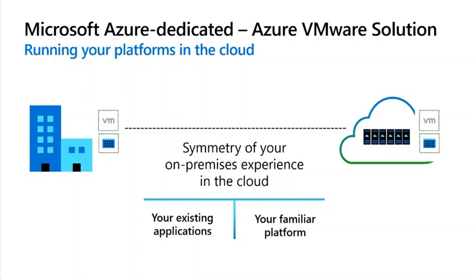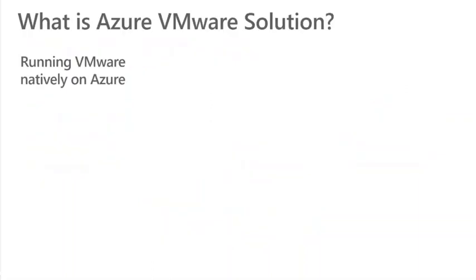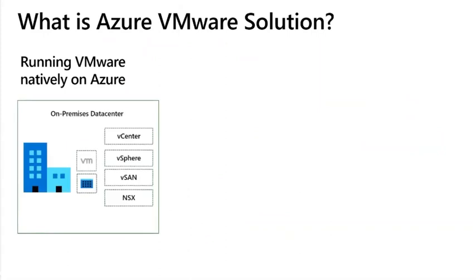So you are very familiar with all the tools because it's VMware. It's vSphere, it's vSAN, it's NSX. It's all of the same things that you run on-prem, except that you now run them in the cloud. And really, it is running VMware natively. It's not nested virtualization. It's literally VMware running in our environment.